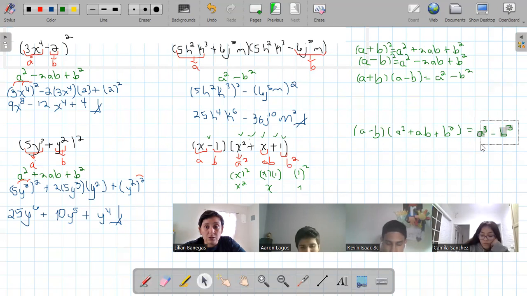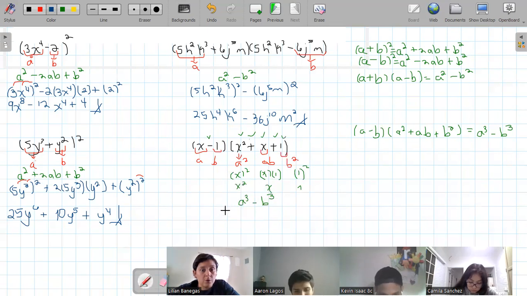Therefore, I use this side of my formula to simplify and give my final answer. So I'm going to have A cubed, which is X to the cube, minus B cubed, which is 1 to the cube.